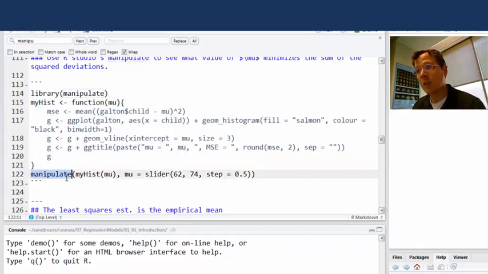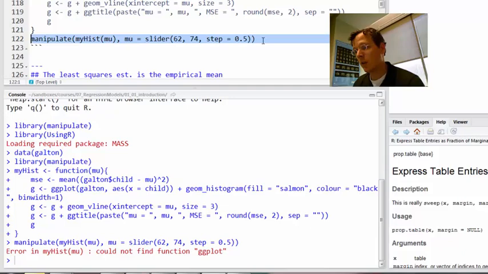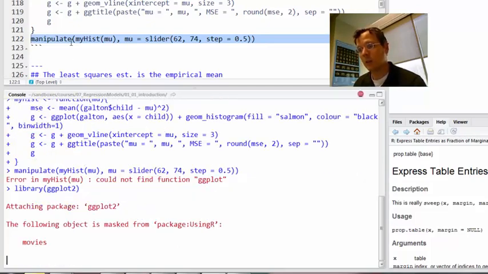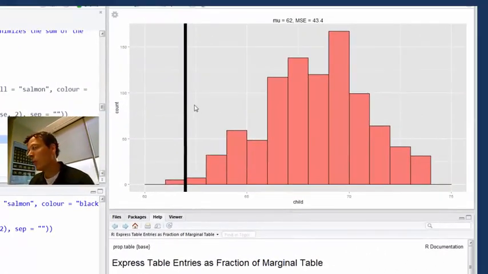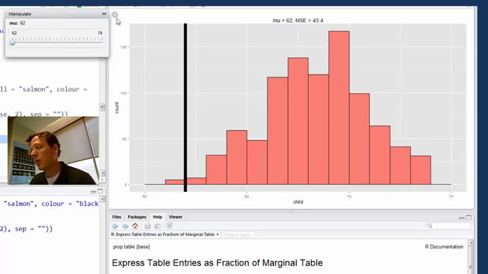So let me try my manipulate command here. Oh, I don't have ggplot2 loaded. Let's try it again. There it is. Okay. Now because we're using manipulate, I can move my slider around.